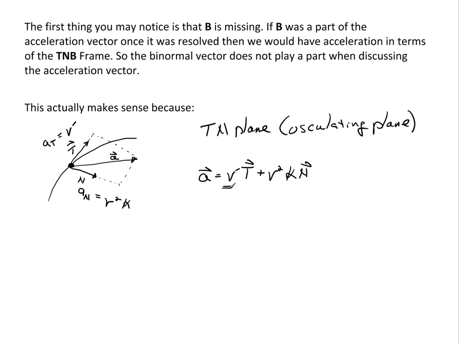Here is the tangential component. That is a sub T. And here's the normal component, which very commonly we simply call a sub N. So we will commonly write the acceleration vector, as a function of t if we want, as a sub T T plus a sub N N. Now notice here that this tangential component is the rate of change in speed.